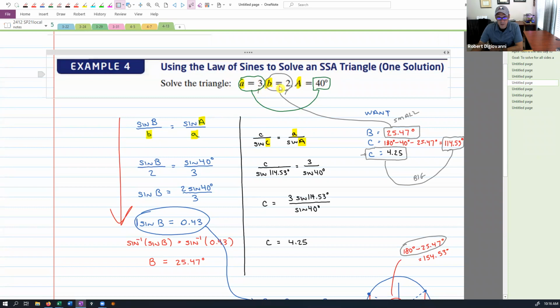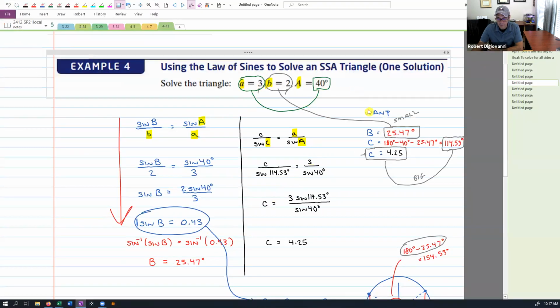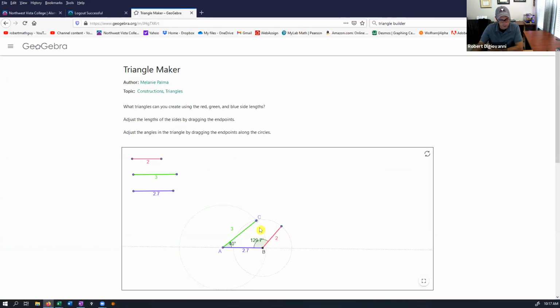This one was 2, 3, and 40. Let me go back to this. We were given the angle A was 40. So that means this angle is 40 here. And then what we found the answer to be here was 4.25.